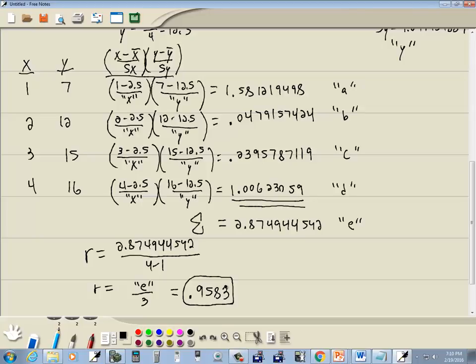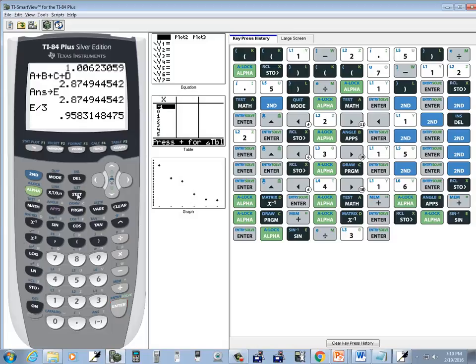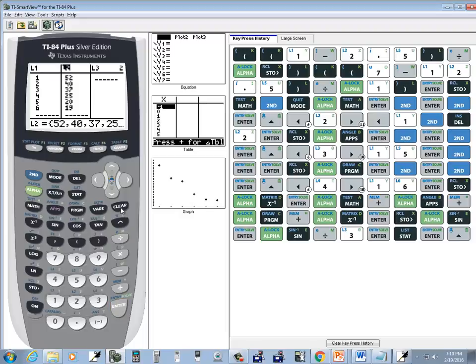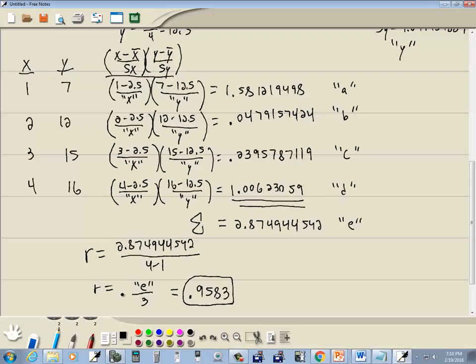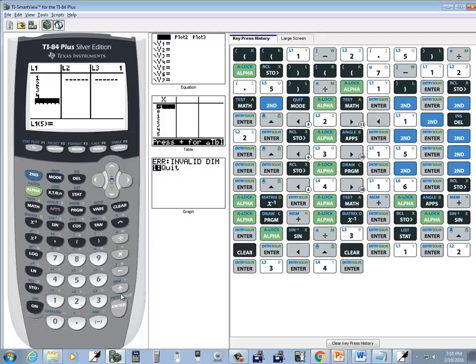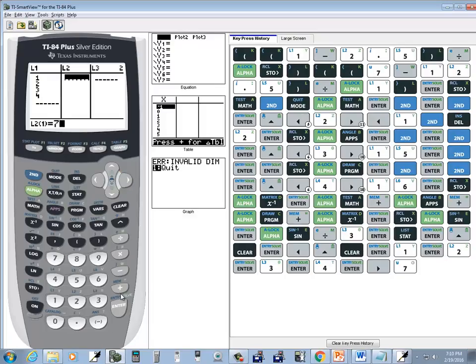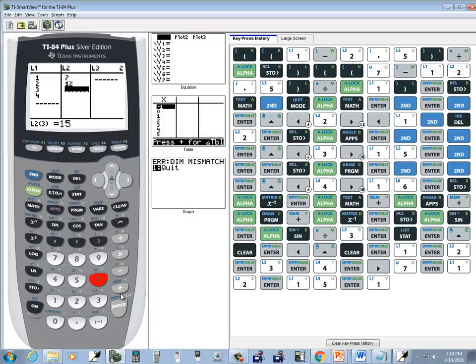Okay, here is the big question. We're going to do it on the calculator, and let's see if we come up with that same answer. I'll press Stat, do an edit, clear out my list, and we got 1, 2, 3, 4. It's 1, 2, 3, 4, and I got 7, 12, 15, 16.